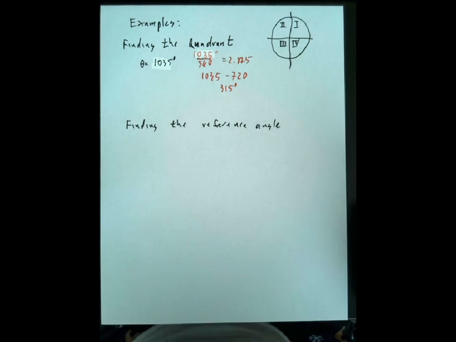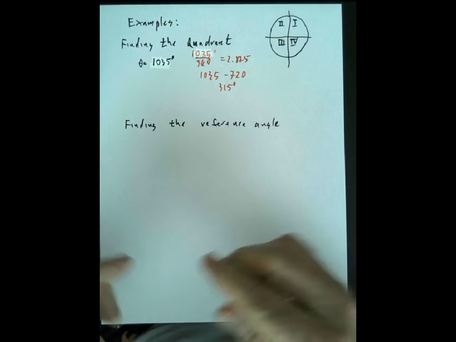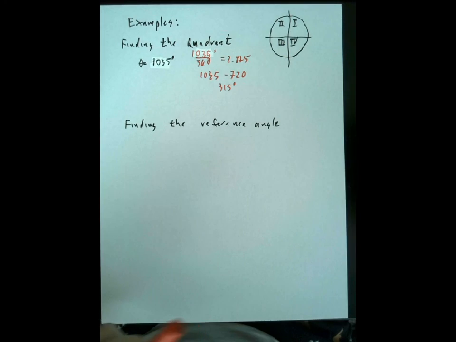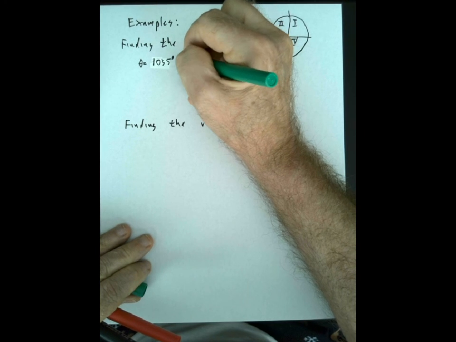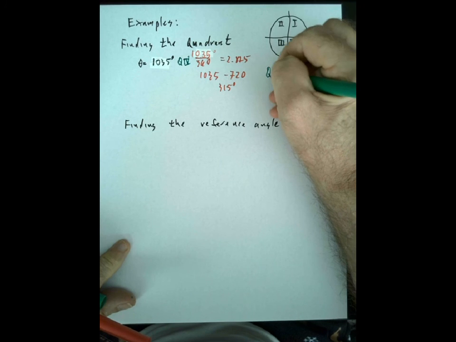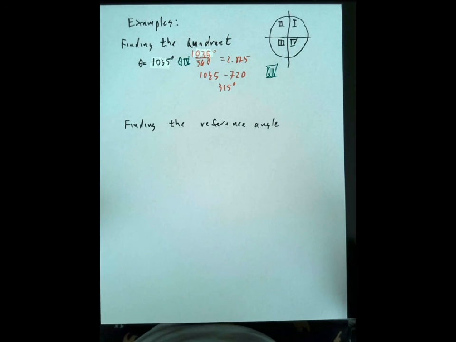So 315 is greater than 270 and less than 360. So our angle of 1035 must be a Q4 angle. So we identified that as a Q4 angle.